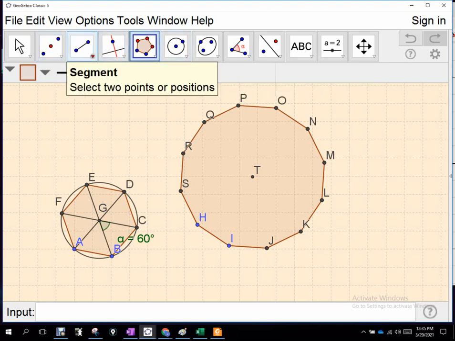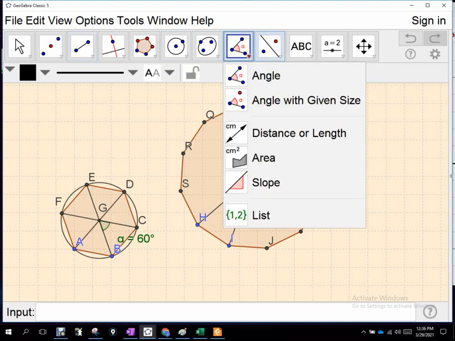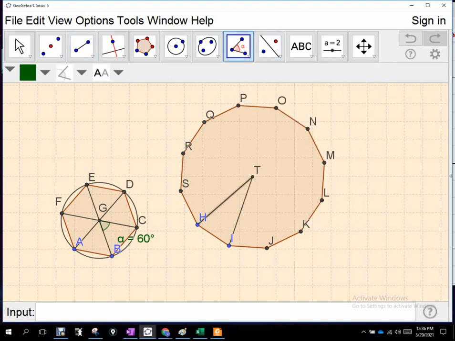Would you guys agree that is one central angle? There should be how many of those I can fit in there? 12. So we've essentially got a clock here, right? How big should that angle be? 30 degrees. 360 divided by the 12 central angles, right? Is everybody okay with that?